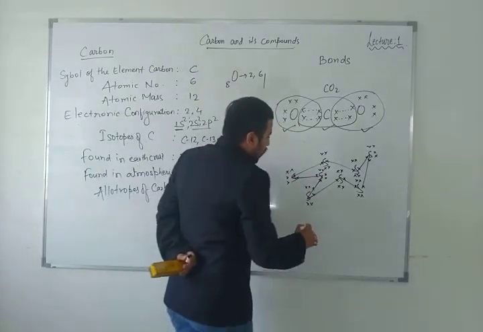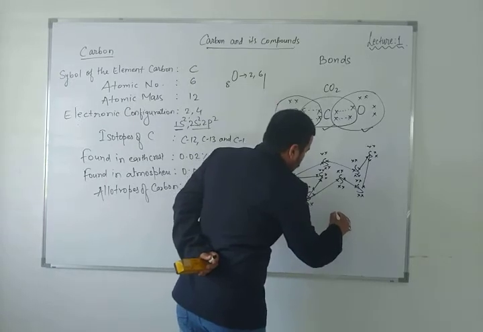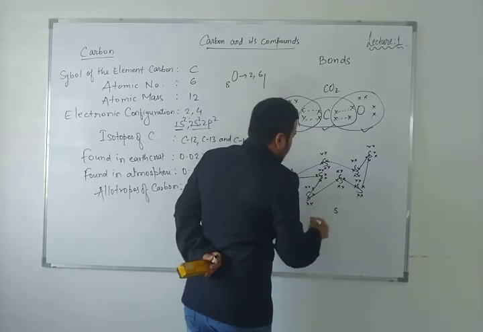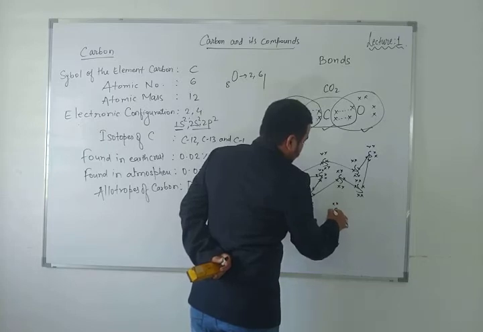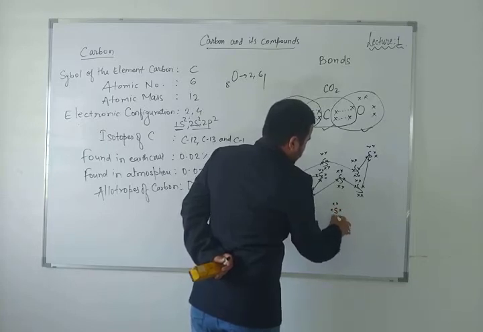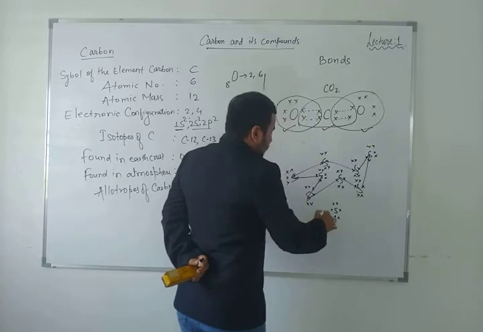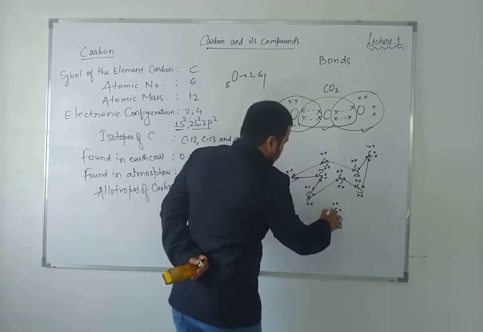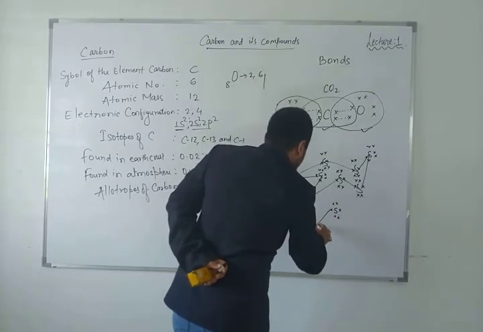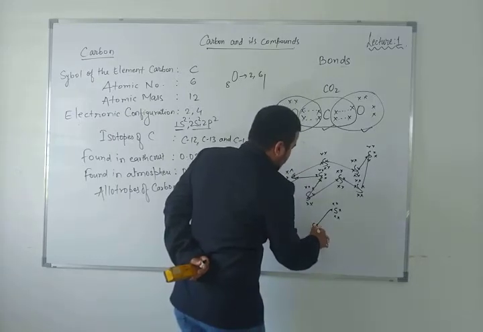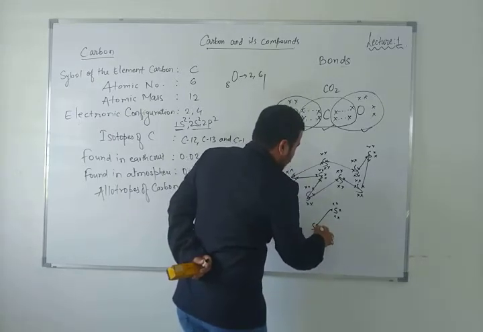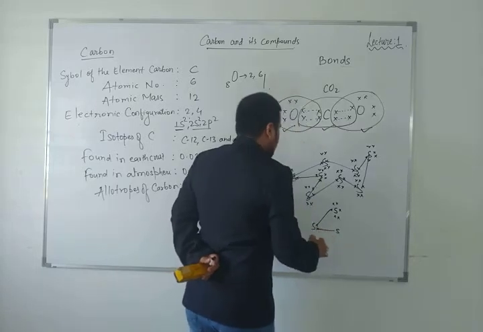If you want to draw this format very nicely, then I am showing you. First of all, draw one sulfur here and represent its 6 electrons: 1, 2, 3, 4, 5, 6. Now this sulfur shares 1 electron with this sulfur atom here, and another with that one.